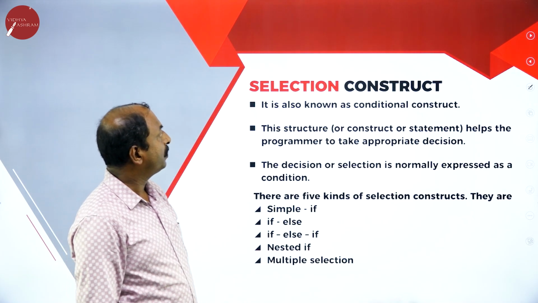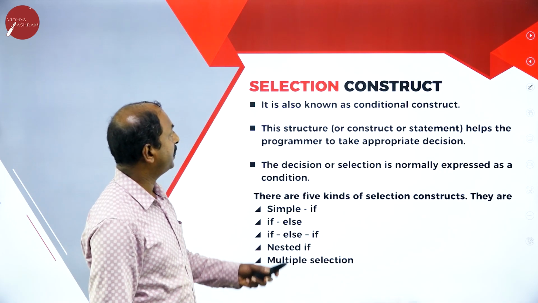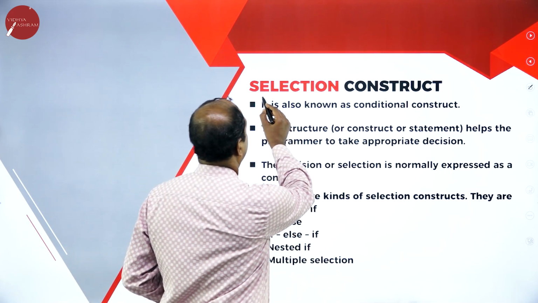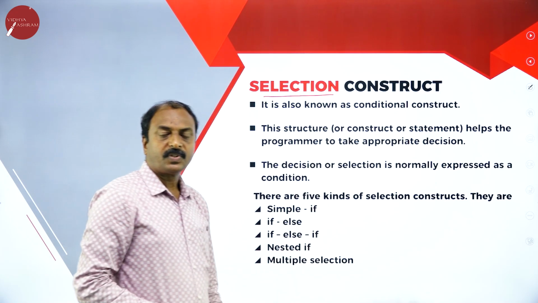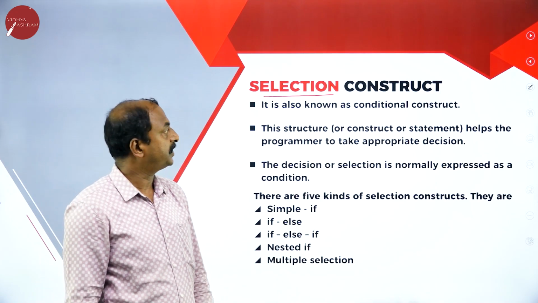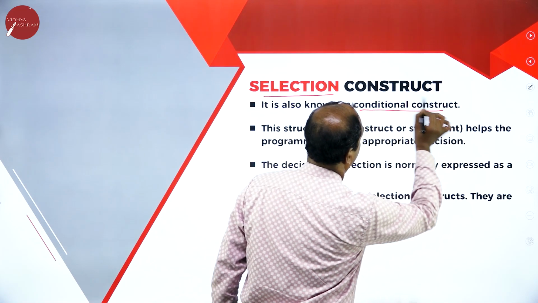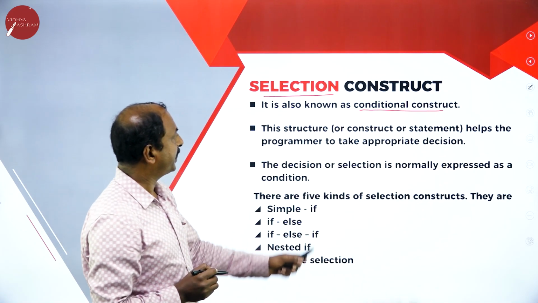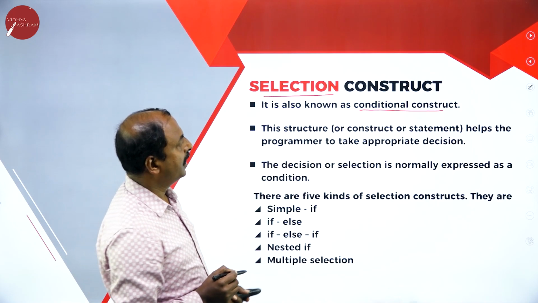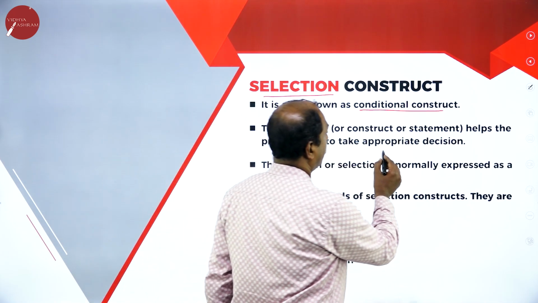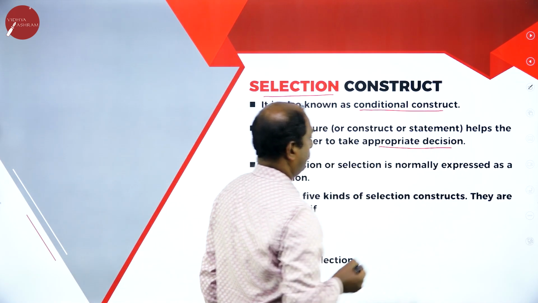Now, let us move on to the next construct. This is the selection construct. It is also known as the conditional construct, and this structure helps the programmer to take appropriate decisions.